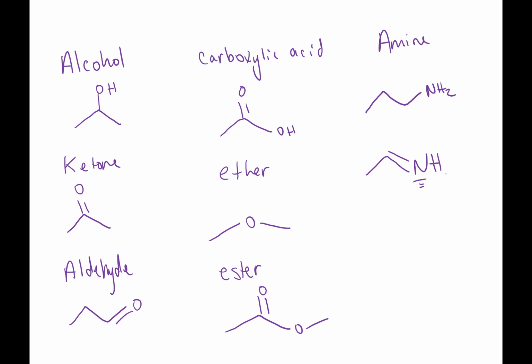It just has an N. As long as there's an N, it's an amine. And then finally, amide. I'll draw it like the carboxylic acid, an amine attached to a double bonded O. So there you go. There's your summary in purple of all of the functional groups you need to know.